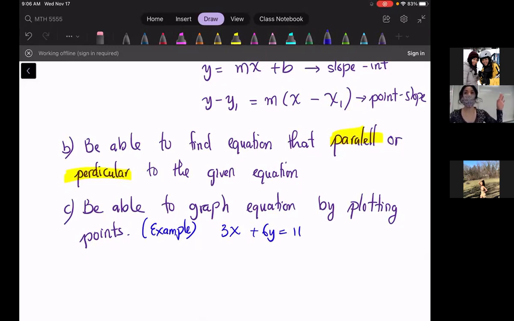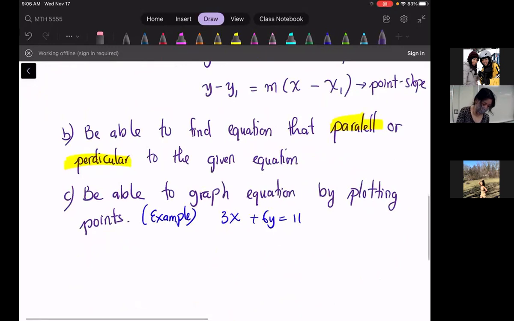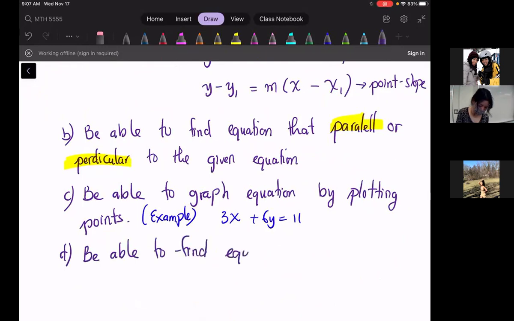By the way, on the exam, do the easy problems first. If you're stuck, move on. Don't stay on it, or you'll run out of time. This exam is quite long. That's why I'm doing this for you. D, be able to find an equation.